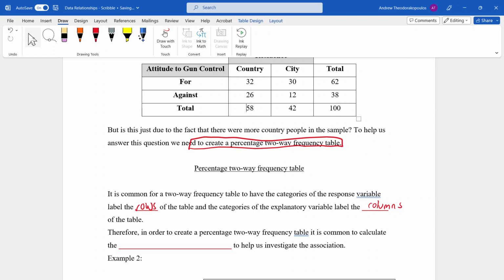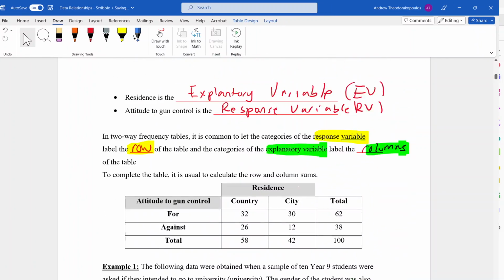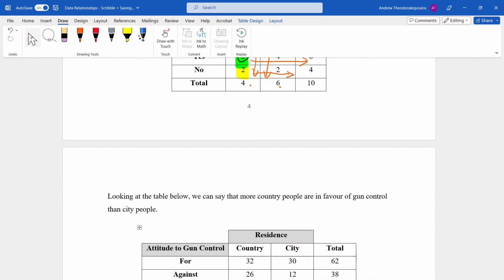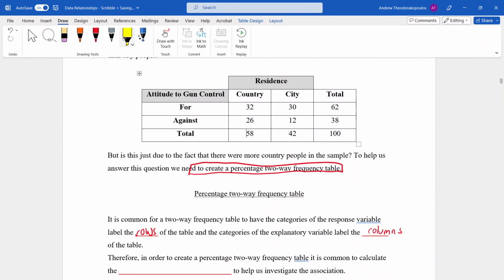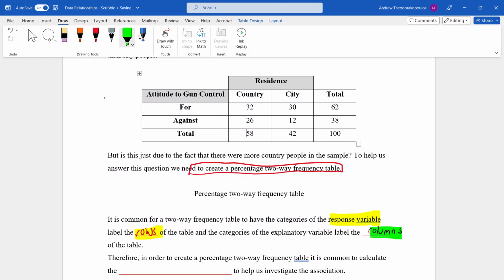So let's do that again. Let's highlight in the right colors. Just want to see which colors I use. Give me a second. Yellow was for response, which was rows, and green was for columns, which is explanatory.